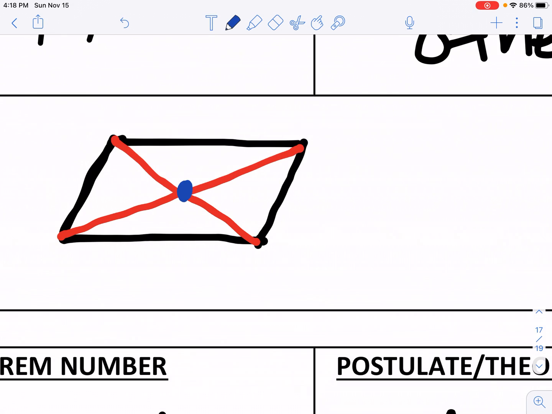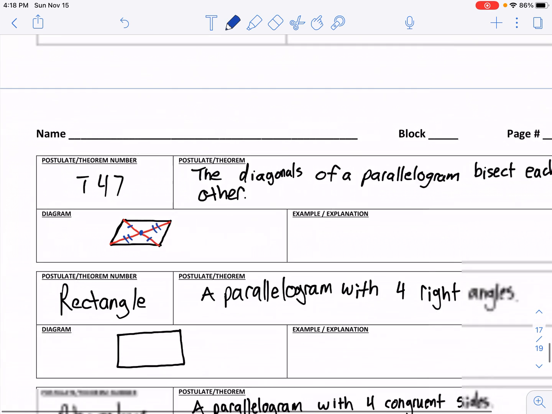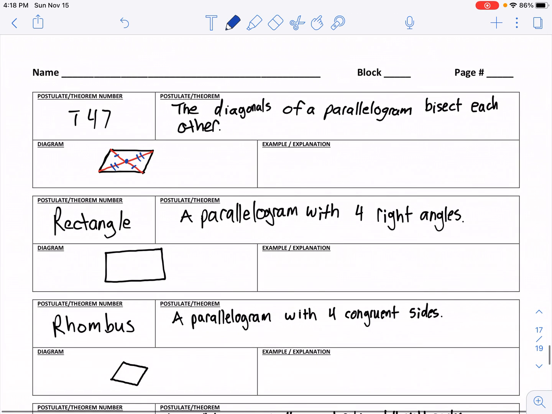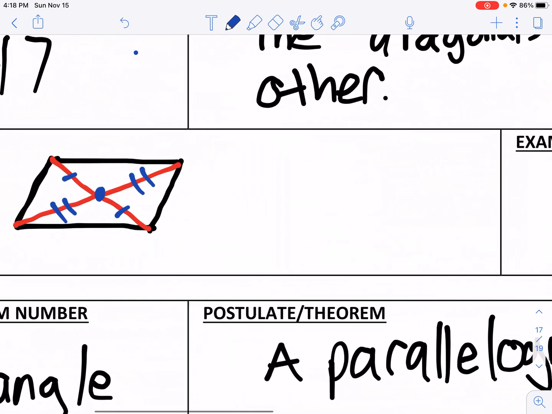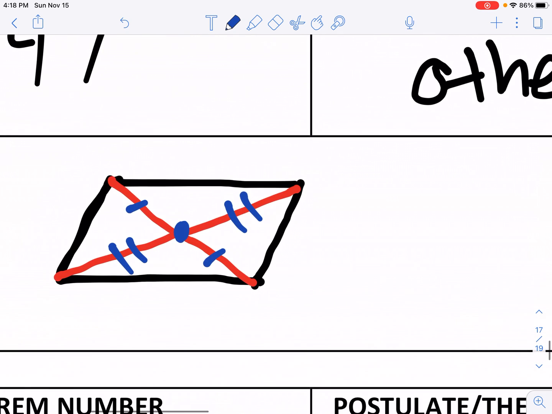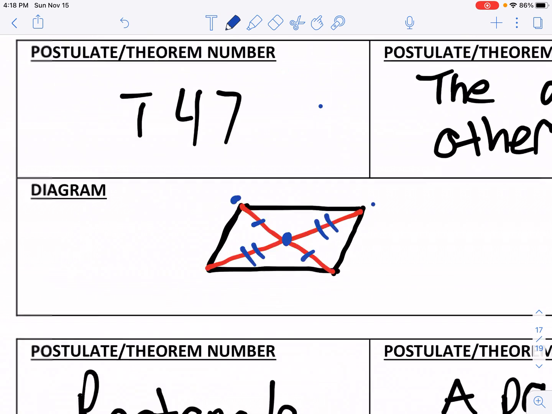In other words, this segment and this segment have the same length, and this one and this one have the same length. The diagonals are cut in half, so my diagonal here would be cut in half, and those segments would have the same length. Same thing for this diagonal here.